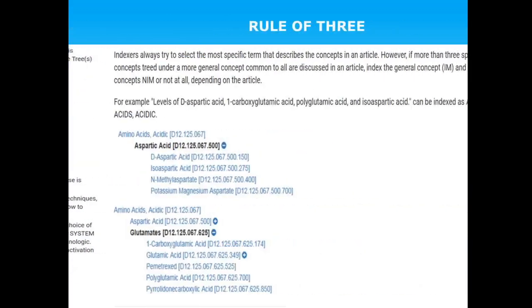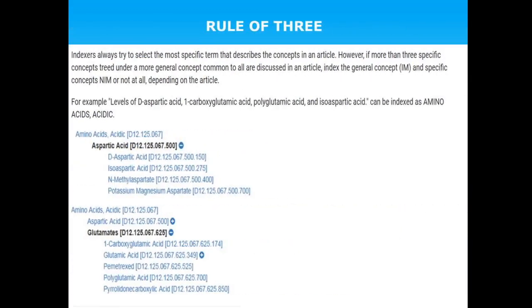So the rule of 3, I have already told you: as an indexer, you try to select the most specific term that describes the concept of the article. However, if more than 3 specific terms are treated under a more general concept common to all discussed in the article, then index the general concept as IM and the specific ones as NIM, not all, depending upon the article.